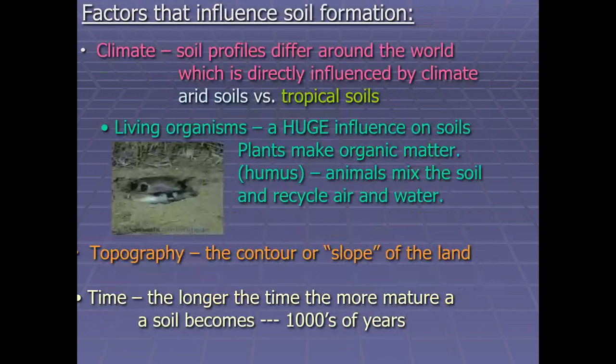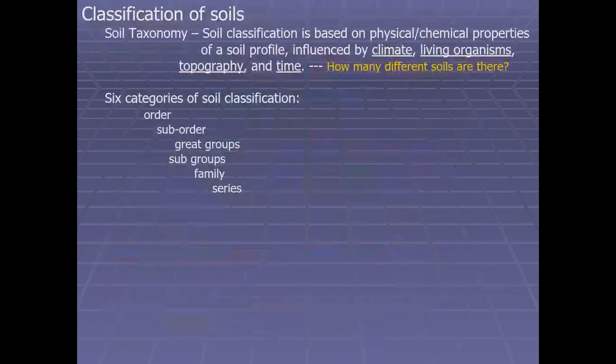If that's the case, then you can imagine that classification of soils becomes somewhat complex, and you're dealing with thousands and thousands of different types of soil profiles. Classification of soils is a science that deals with what we call soil taxonomy. The classification of the soil is typically based on physical and chemical properties of the soil profile.